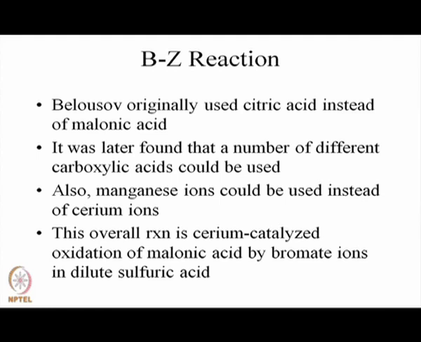Also, manganese ions could be used instead of cerium ions, and the overall reaction is cerium catalyzed oxidation of malonic acid by bromate ions in dilute sulfuric acid. So, overall reaction is this.